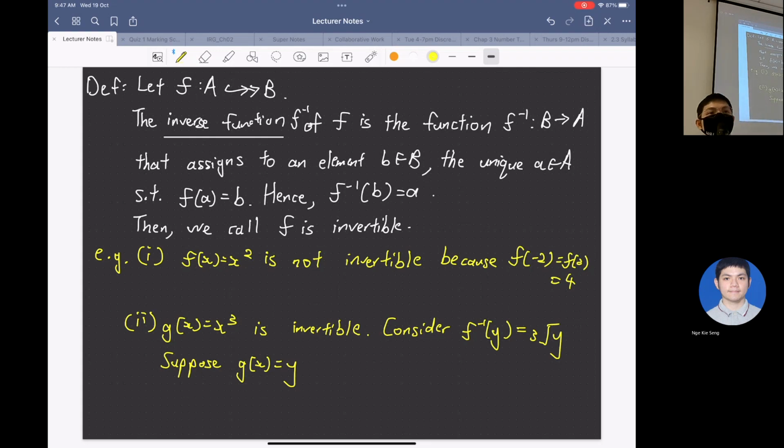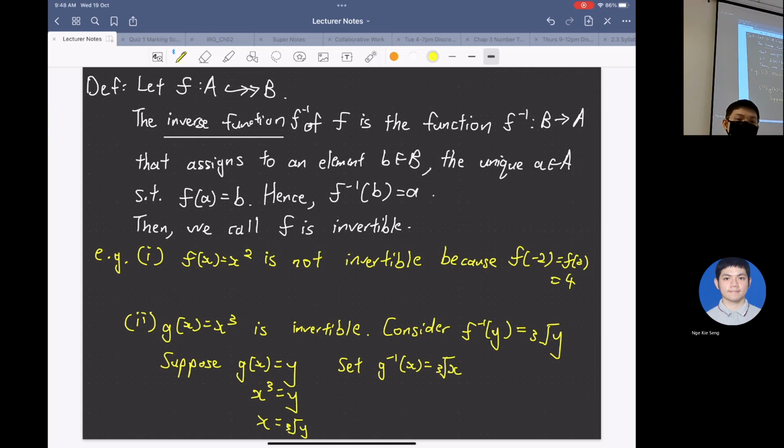So you learned this before? Yes. Okay. So what you did is you suppose g(x) equal to y, then x cube equals y, and then solve for x, and then set g inverse of y equals to x.